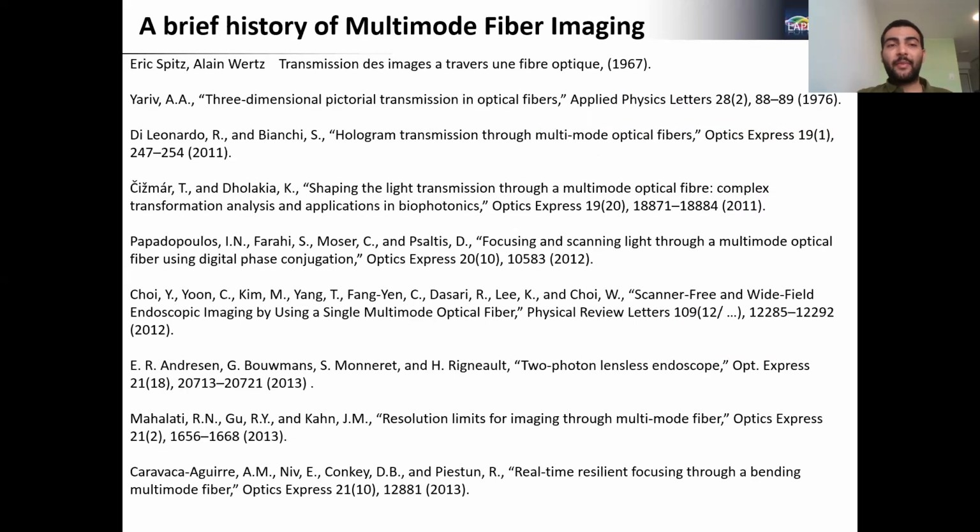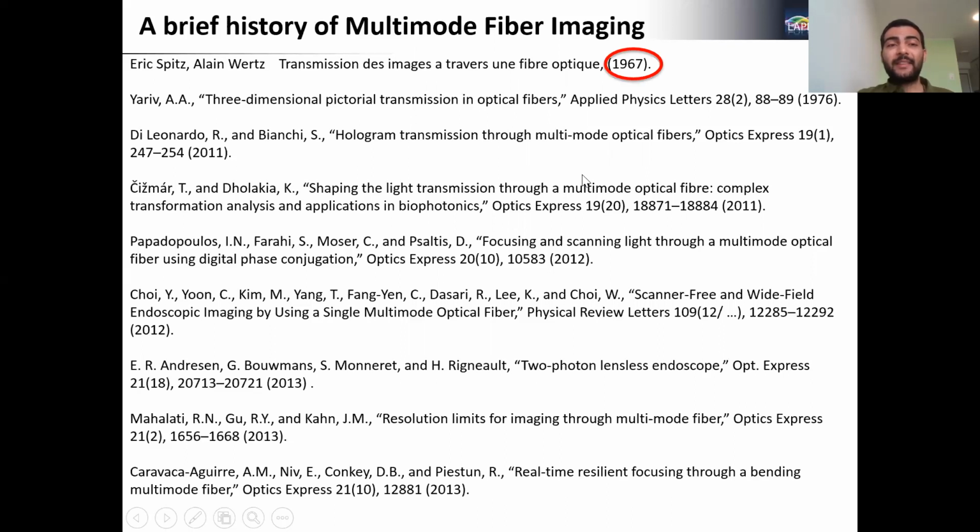So as you can imagine, image propagation through multimode fiber has a really rich history. The first demonstration of image transmission dates back to the 60s in work that was studied in France.